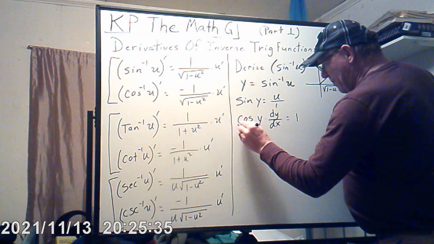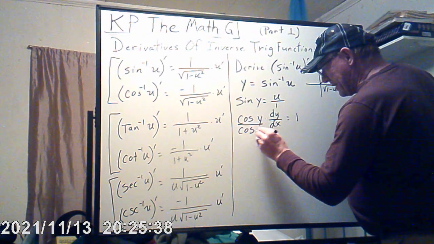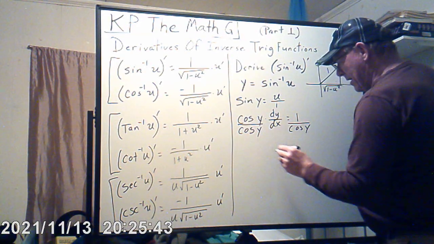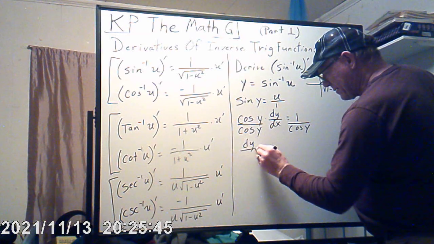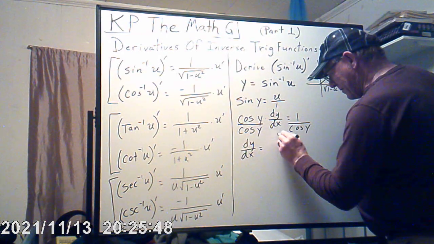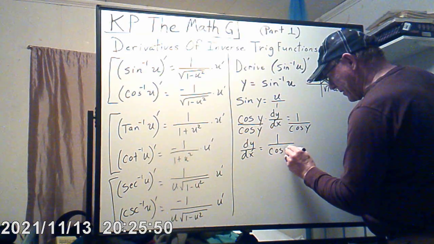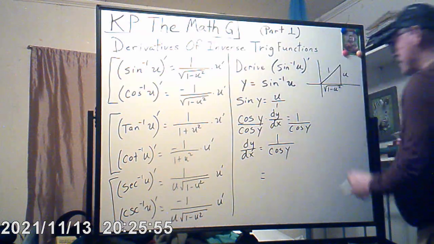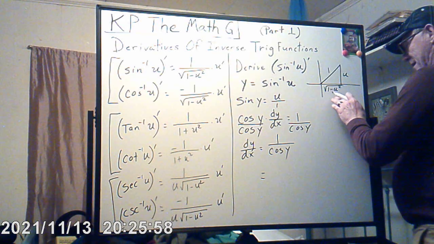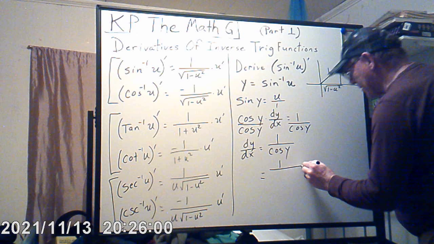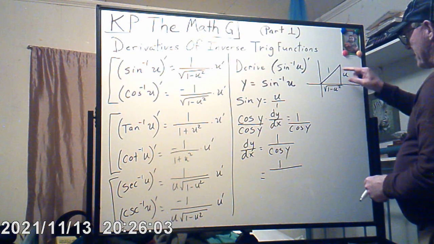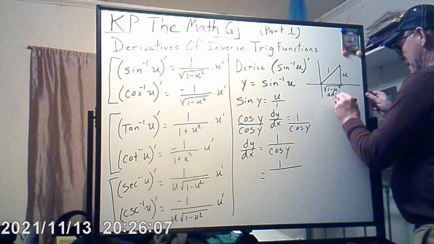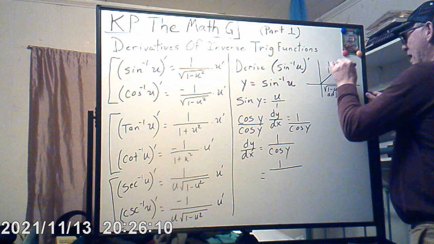Okay. We're going to divide both sides by cosine y. And so dy over dx is equal to 1 over cosine y. But now, let's take a look at that. Cosine y is, so 1 over, and then this is going to be, alright, cosine is adjacent over the hypotenuse.